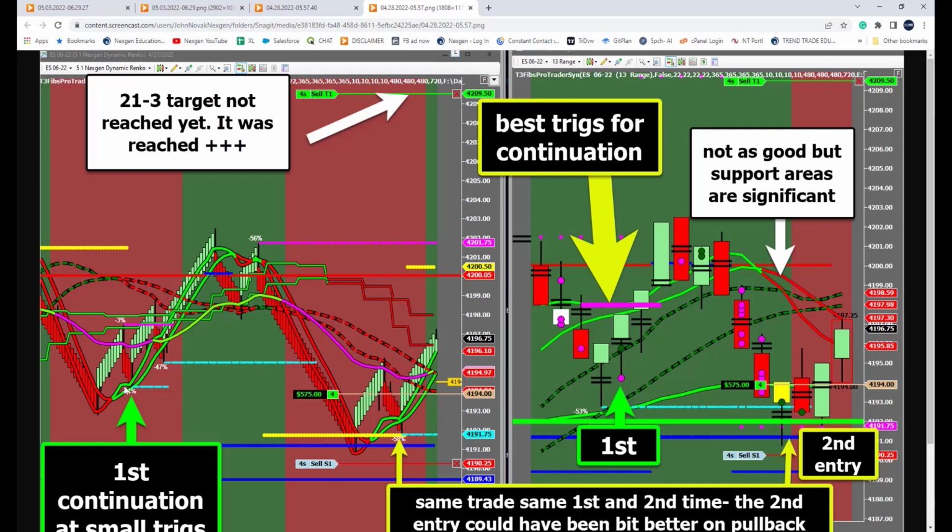So this is the small triggers rolling over here, which, there's not a lot of support there, but the triggers will work by themselves if they have to, depending on the quality of the signal over here in your market flow chart. The second one I like a little better because they hit the fibs. The small triggers roll back above all the fibs and made a really better one. I didn't get a very good entry there. I paid a little extra, but I didn't want to miss it.